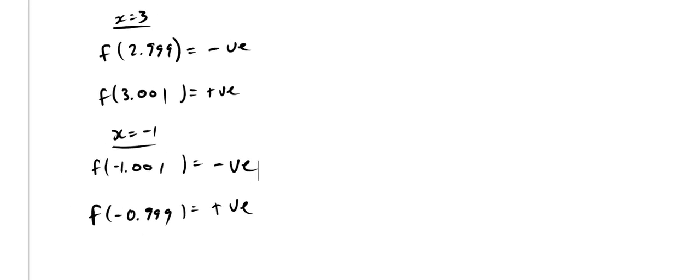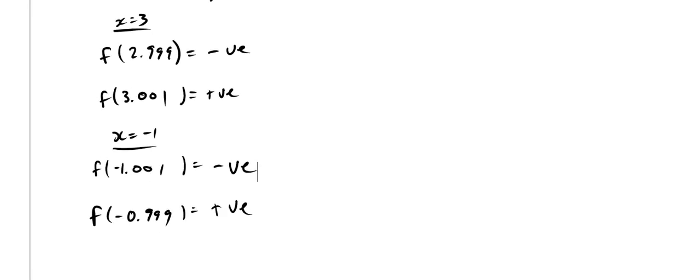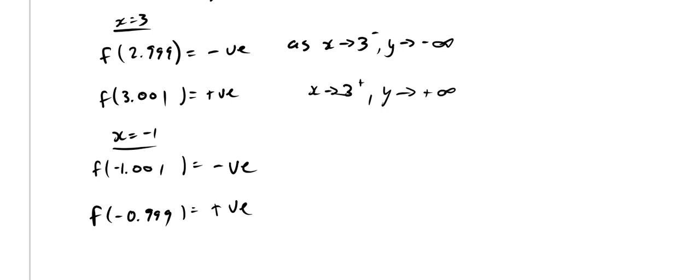So now we didn't do any conclusions, so let's do our conclusions. As x approaches 3 from the left, y is going to negative infinity. And as x approaches 3 from the right, these are vertical asymptotes, right? y is going to positive infinity.